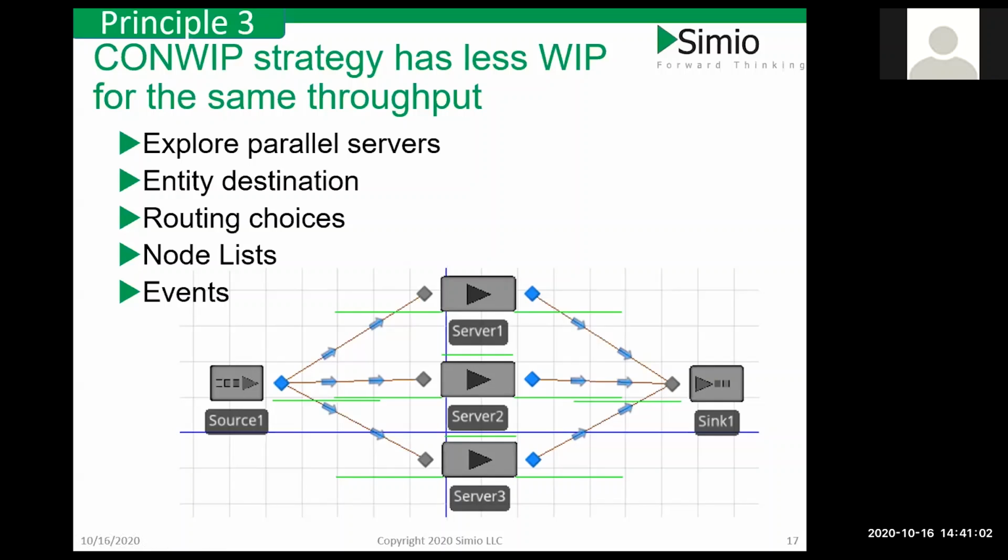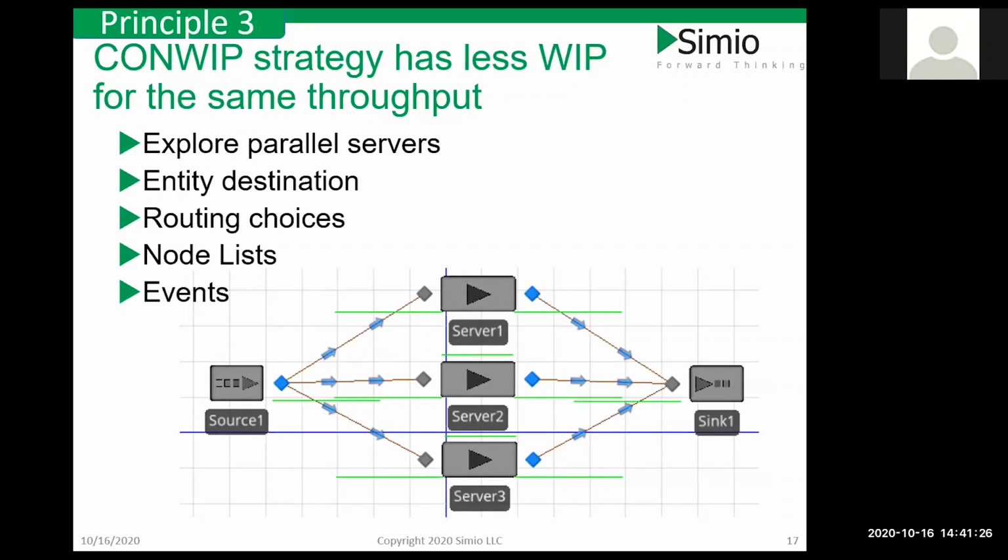So less WIP for the same throughput. Does that make sense or not? Is that intuitive? That if you say you have a constant WIP, you can get by with less WIP as opposed to letting the WIP vary. So let's look at a couple things here.